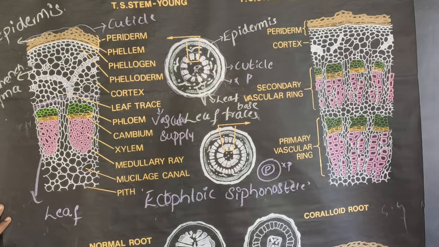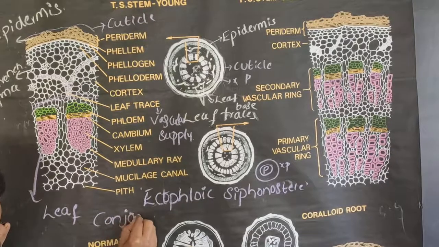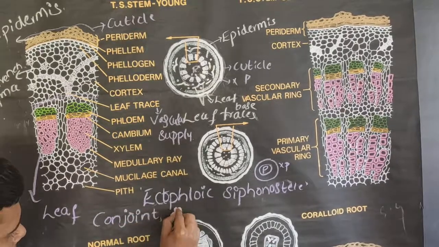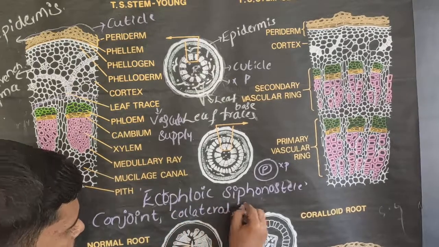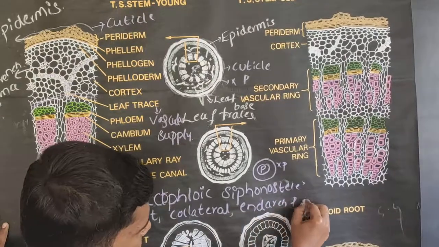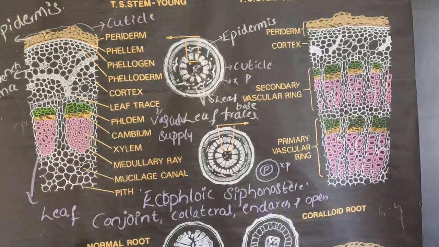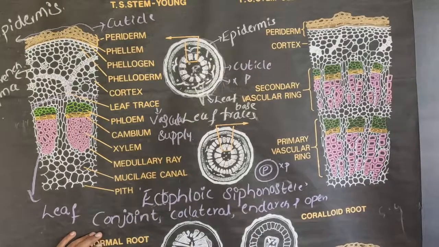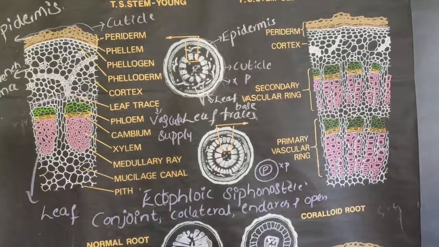Another important thing is that these vascular bundles are said to be conjoint, collateral, endarch, and open.